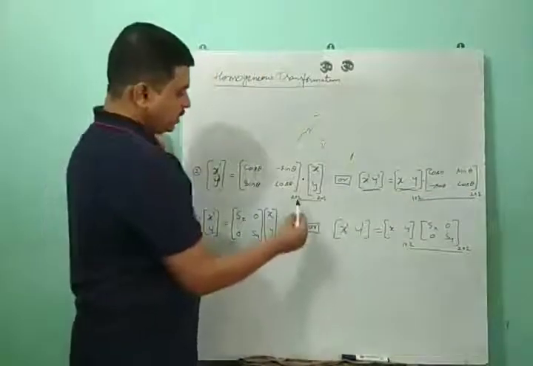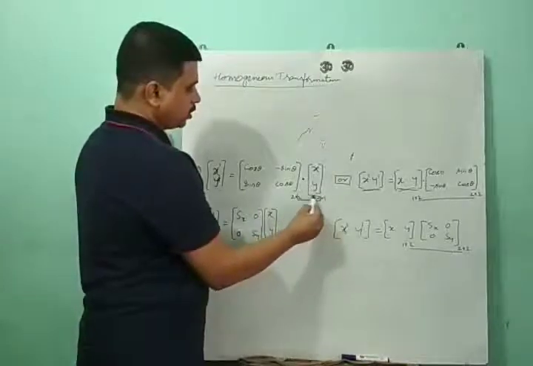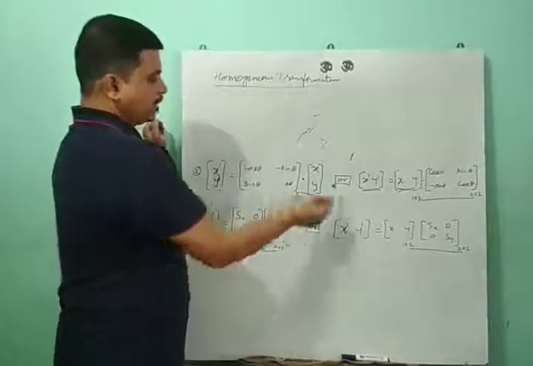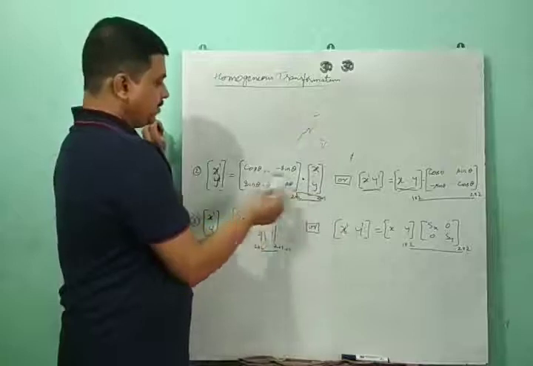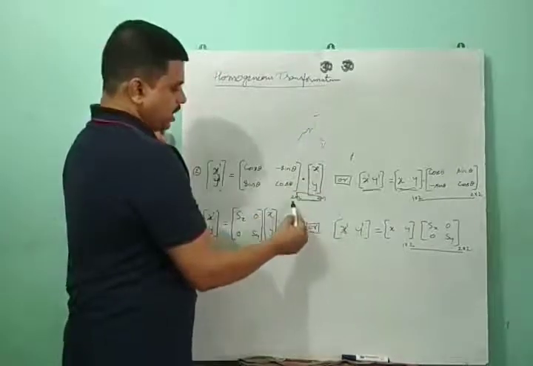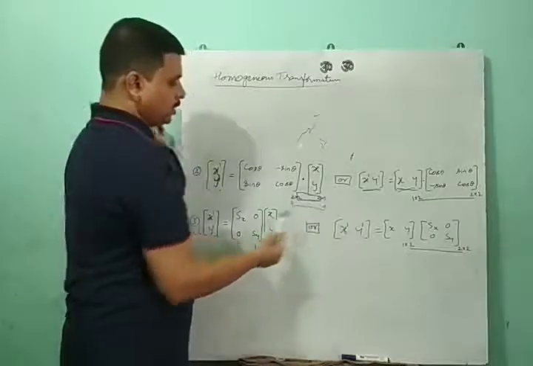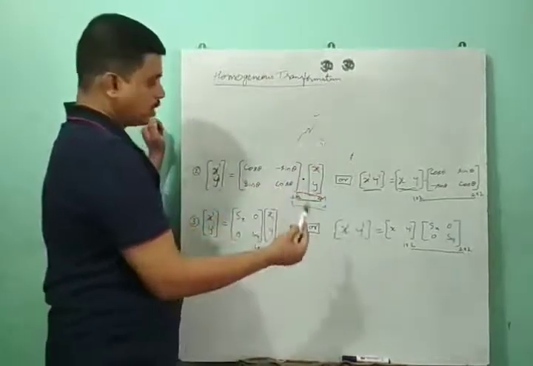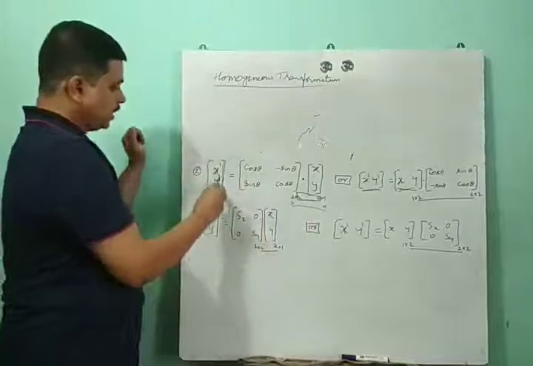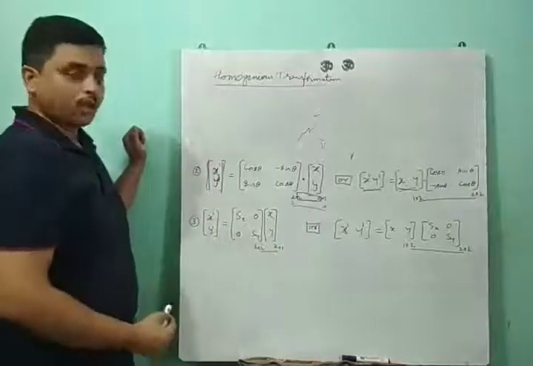Because if you observe here, these two are equal, so we can apply the multiplication between these two matrices, and the resultant matrix will be 2 by 1, that is 2 rows, 1 column. That is nothing but, again, a column matrix.